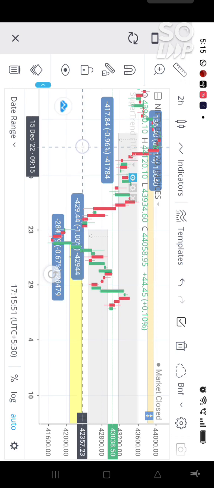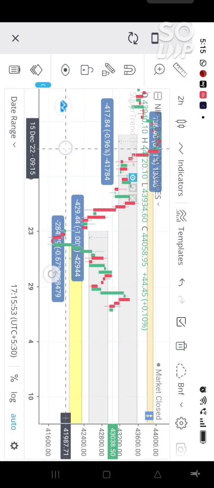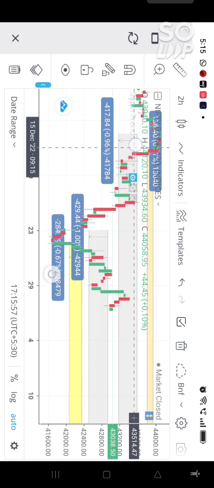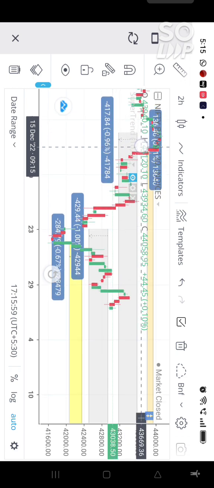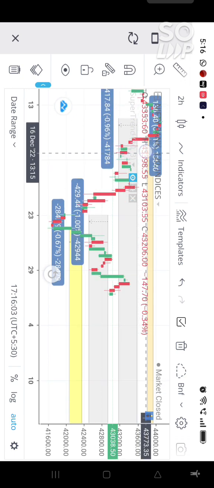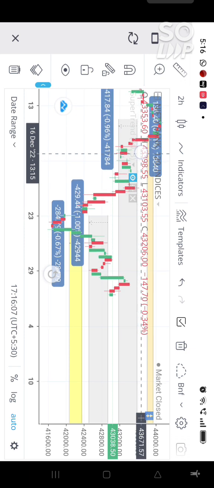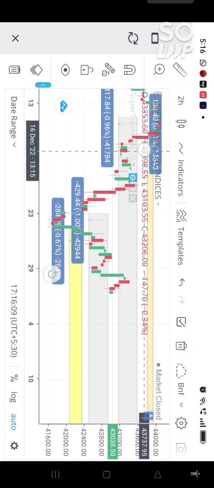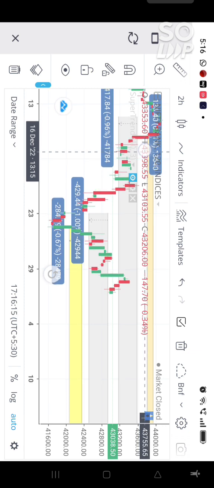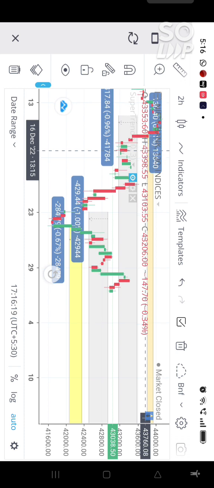My entry is here, my stop loss is somewhere here, and my exit will be somewhere around this level, 43,000. Once this daily supply zone breaks and prices move near the top, I may expect some drawdown. So I will exit around this level, 43,750.